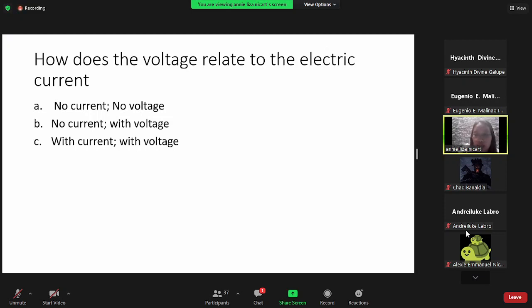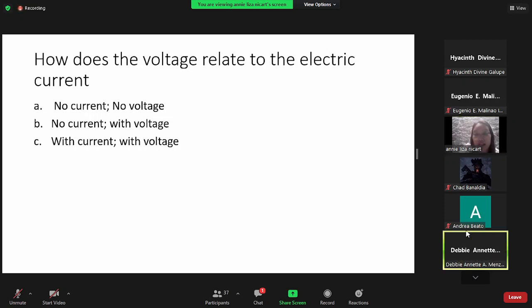Mataas. Okay, so kapag mataas yung voltage, ang ibig sabihin niyan ay mataas din yung electric current dyan. Okay? Kapag maliit yung voltage, low voltage, meaning low din ang electric current. Small yung electric current. Yes, that's correct.